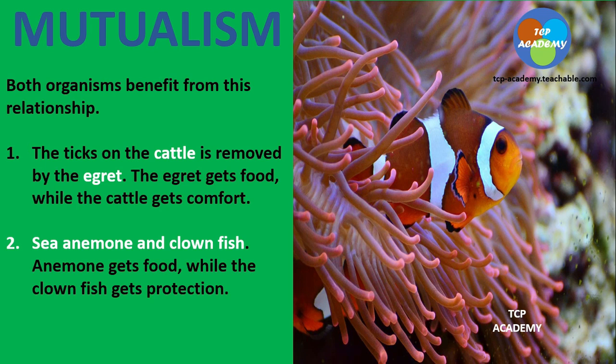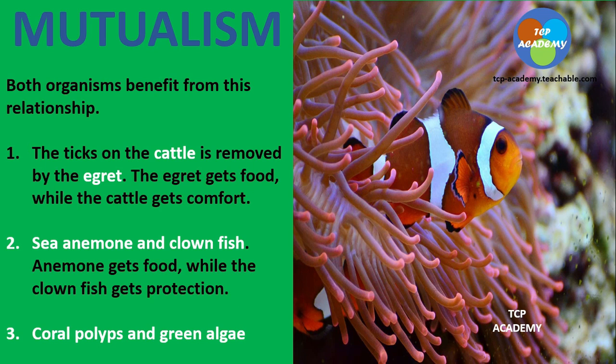As for the example with the cattle and the egret, one has to be careful because in some cases the relationship is commensal, but where the egret is feeding directly from the cattle, removing those ticks, that is indeed a mutualistic relationship.